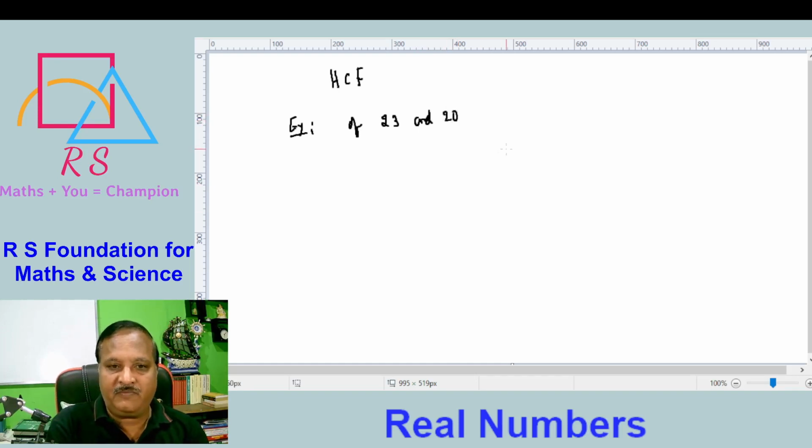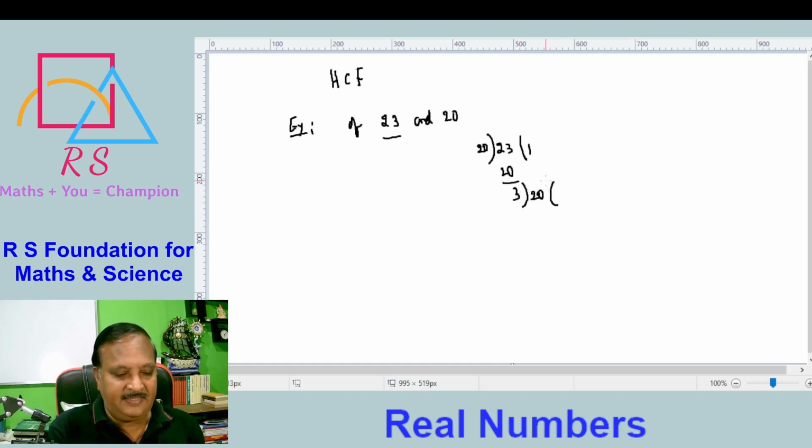Normally we use the division method. The biggest number, 23, will be the dividend, and the smallest number will be the divisor. This is the normal routine division method for finding HCF. 1 time, so remainder 3. Again this divisor will become dividend and the remainder will become divisor.